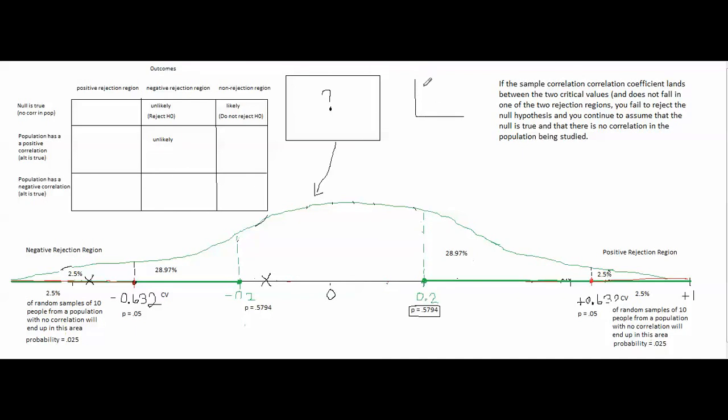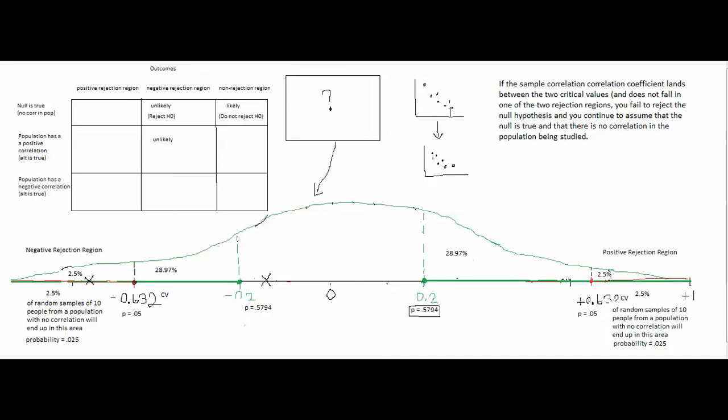Because if the population has a negative correlation, like this, and you take a sample of that population, you have a decent chance of getting a negative correlation in your sample, like this, that's strong enough to make it out here.